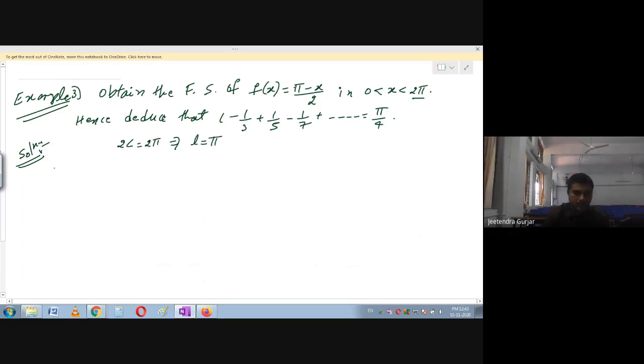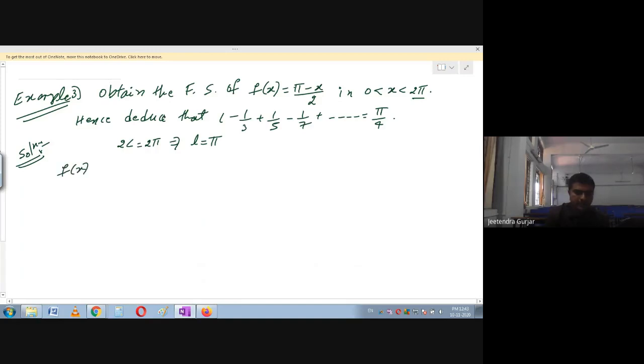So you know the formula: f of x is equal to a naught upon 2 plus summation an cos n pi x upon L plus summation bn sin n pi x upon L. So L is pi, so pi will get cancelled.